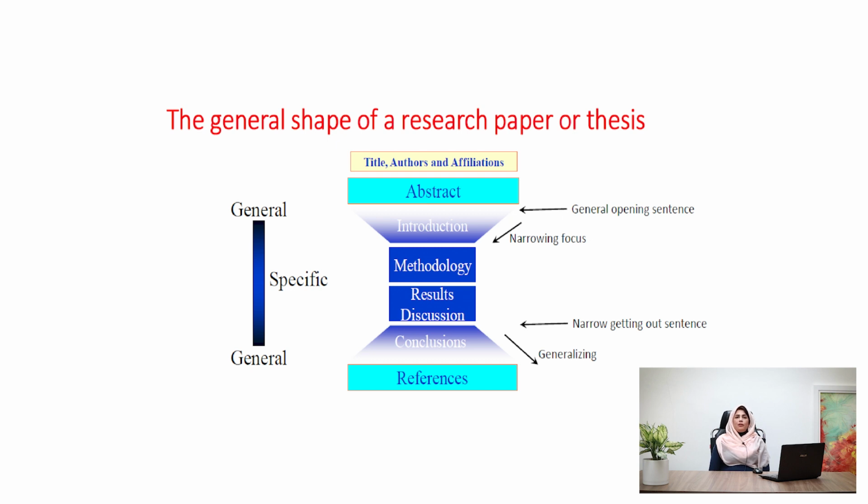The word method is sometimes called the experimental model, the experimental part, methodology, methods and materials, or simulation. It doesn't matter. With any of these terms, we refer to the same content, method or methodology. So don't be confused if you encounter different terms for this part.